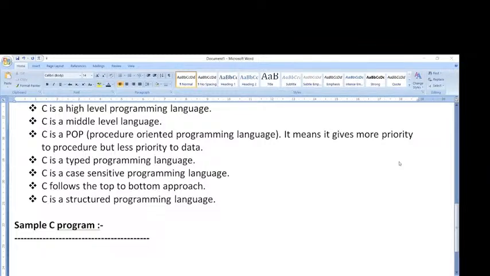Good. Now, how to write a sample C program? Whenever you are going to write a program, the first line you have to write is hash include stdio.h. Then main, with a space, main.